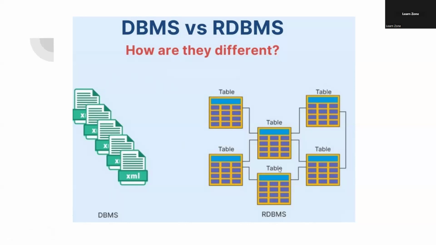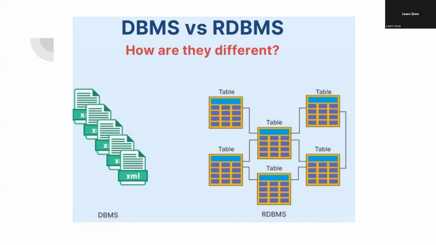Suppose we consider any college or university. They will have a database where they store the information of their students, faculties, admissions, fee structures and salaries of the faculty. The data will be divided into different tables.